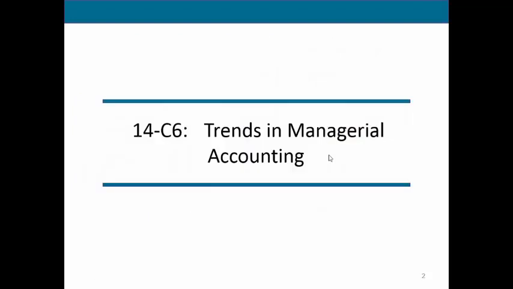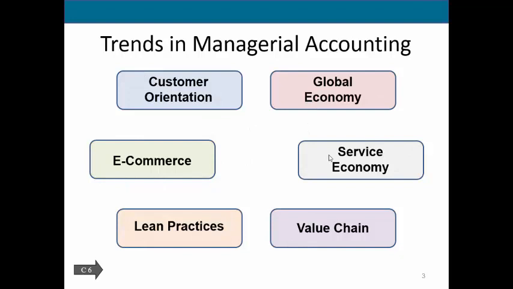Moving forward, we're going to briefly discuss some trends in managerial accounting. As our world, and particularly the manufacturing world, becomes more globalized, there's a lot more competition, and specifically right now we're talking about U.S. companies, because United States companies are now having to compete with companies like China or Mexico where labor and costs are less.